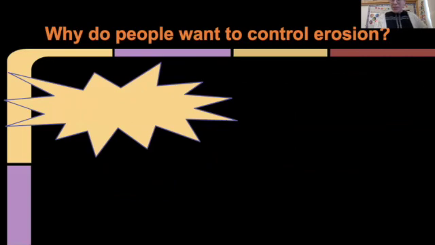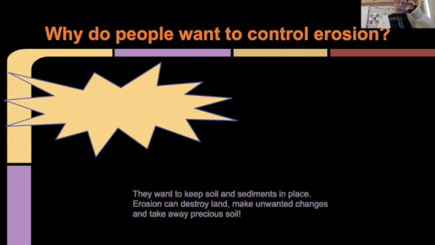Why do people want to control erosion? Definitely going to need to give yourself a minute or two. Press play when you're ready to hear an answer, and your answer doesn't have to be the same as this, but it should be something like this, right? They want to keep soil and sediments in place.